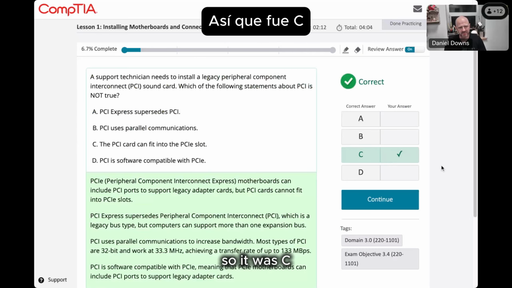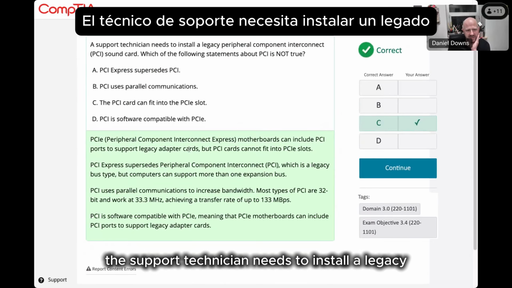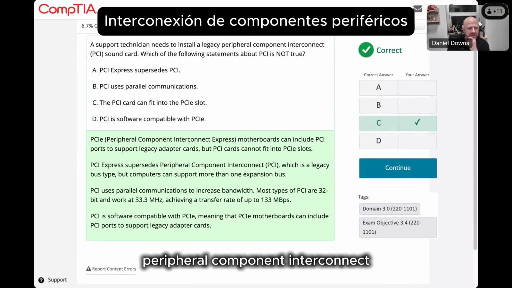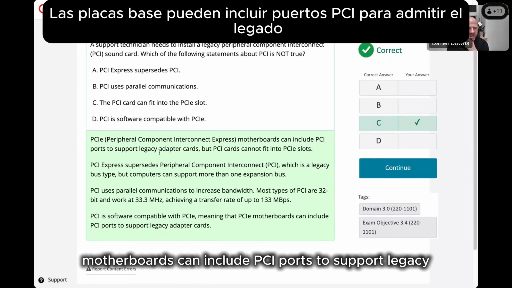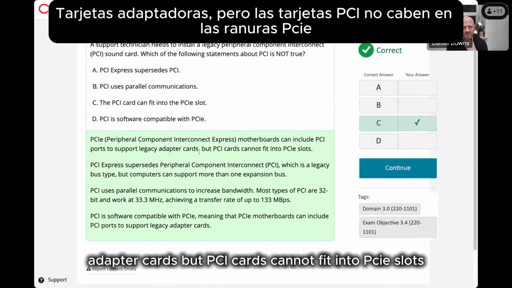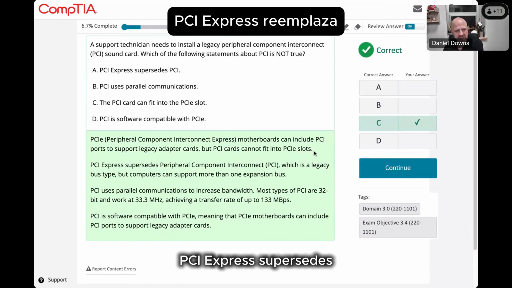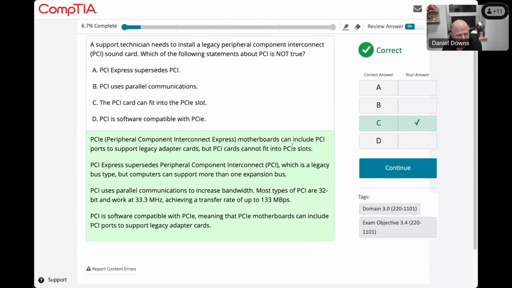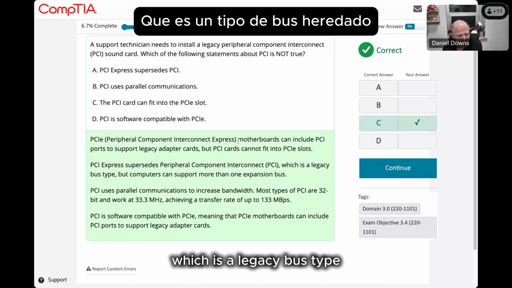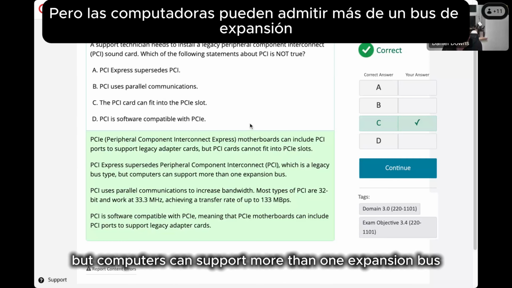So it was C. The support technician needs to install a legacy Peripheral Component Interconnect. PCI Express motherboards can include PCI ports to support legacy adapter cards, but PCI cards cannot fit into PCIe slots. PCI Express supersedes Peripheral Component Interconnect, which is a legacy bus type, but computers can support more than one expansion bus.